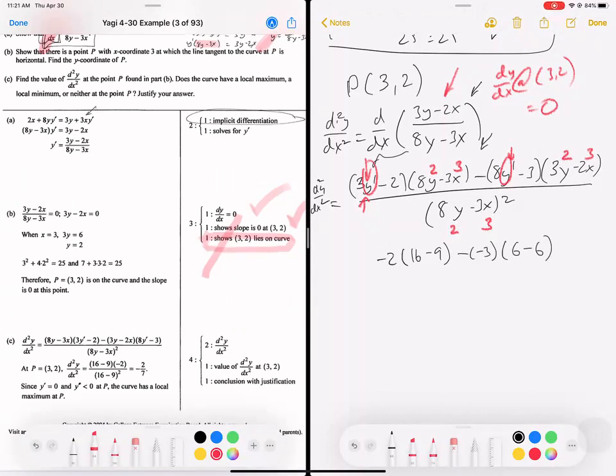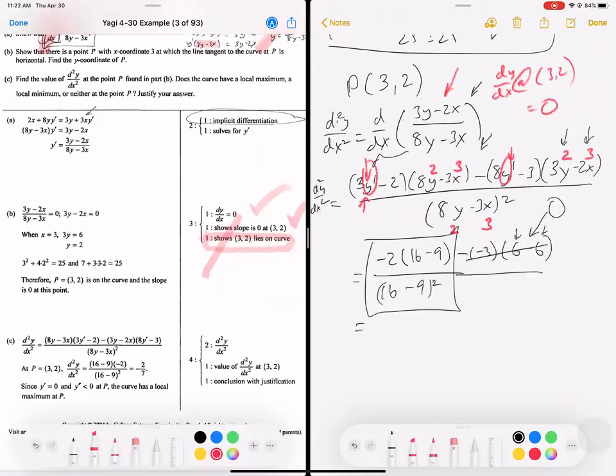And 6 minus 6 is 0. Okay, that all goes away. All over 16 minus 9 squared. So the reason the right side went away is because it's 6 minus 6, that's 6 and that's 6. 0 times anything is 0. So we're left with this here.